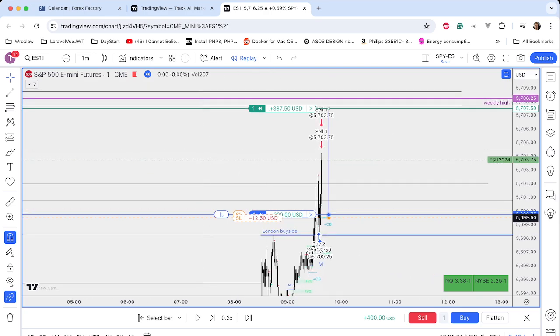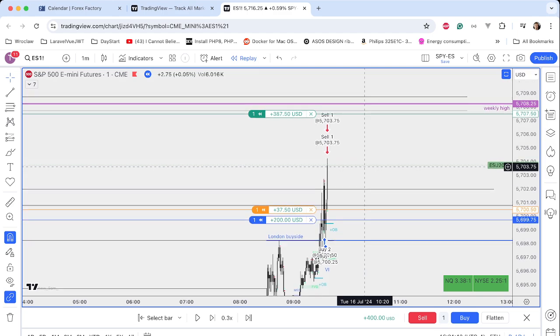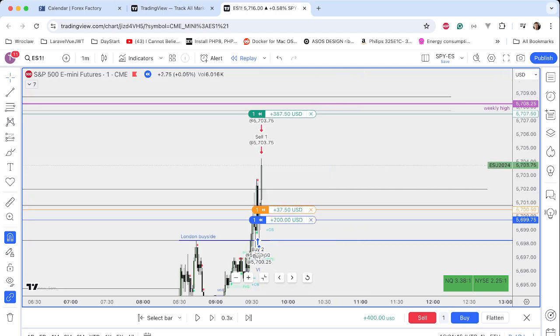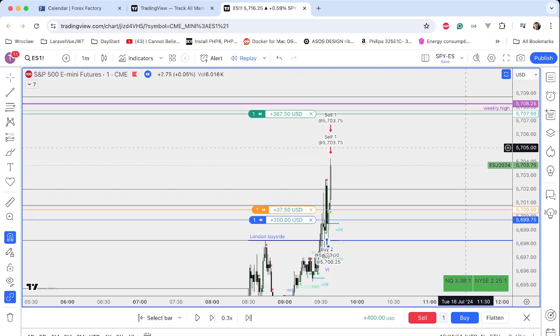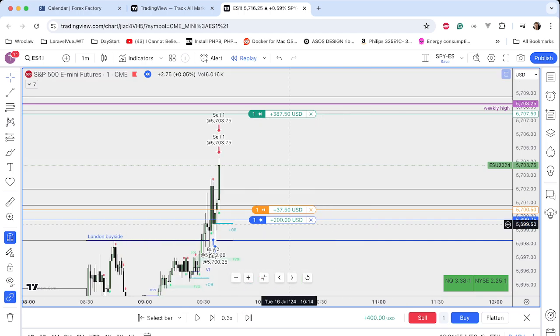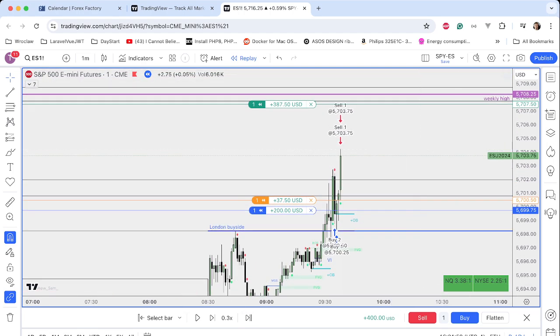Stop loss. I want to put the stop loss here. Okay, fine. So cost is covered. We just took a bit off on that move, and yeah. Let's see how far we're gonna go.